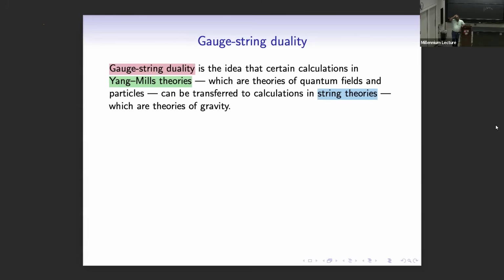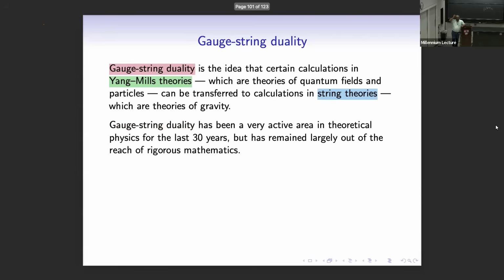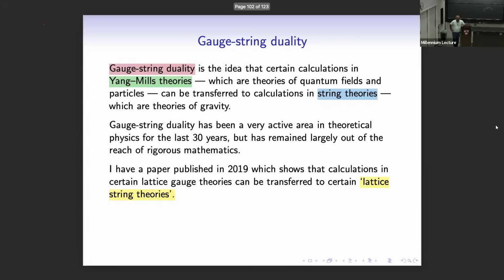And this began with the work of Maldacena in the 1990s, and it's a huge area in theoretical physics for the last 30 years. It's not very well understood why this connection is there and where it comes from, and it has remained largely out of the reach of rigorous mathematics.